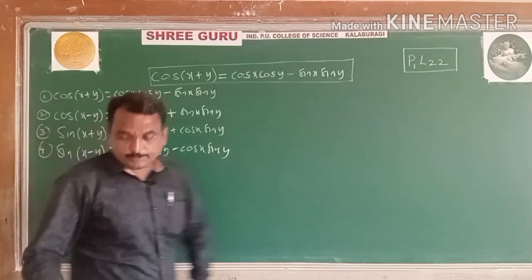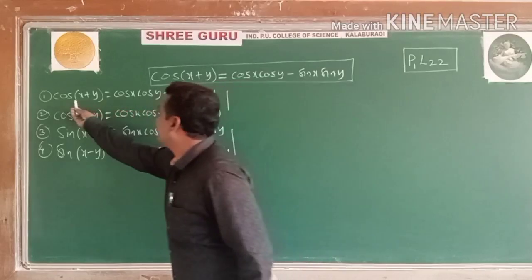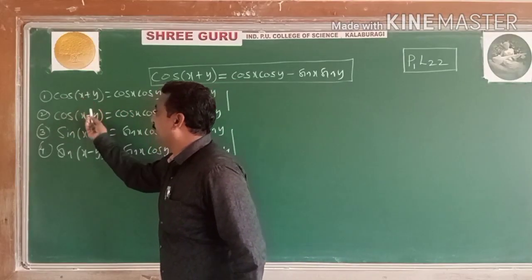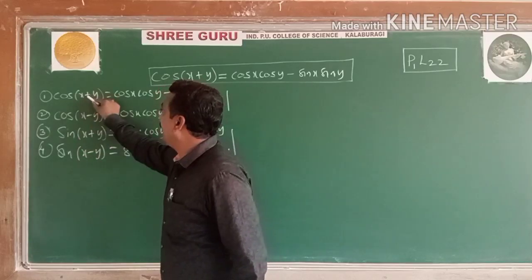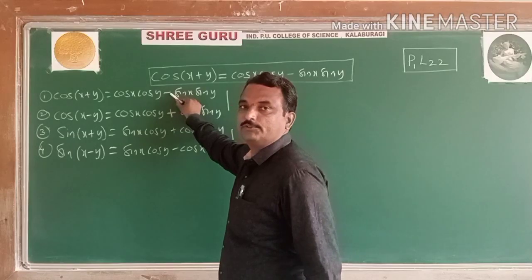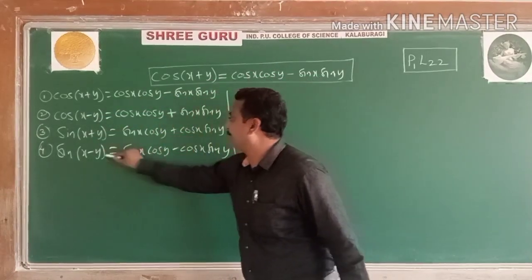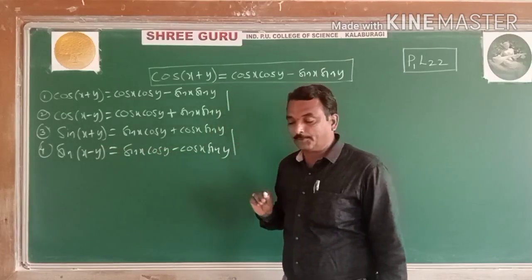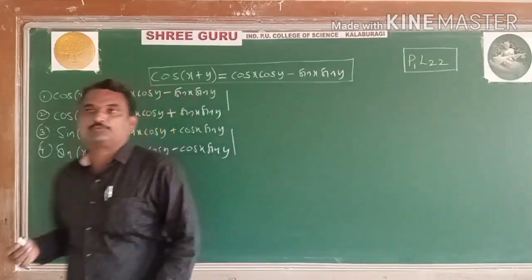See the difference between these two results and these two results here. This is sum of cos and difference of cos, this is sum of sine and difference of sine. For cos of x plus y, here minus it is, opposite sign. If it is minus, it is plus. For sine, same sign, you remember. Remembering the formulas is important. You need all the formulas, students.